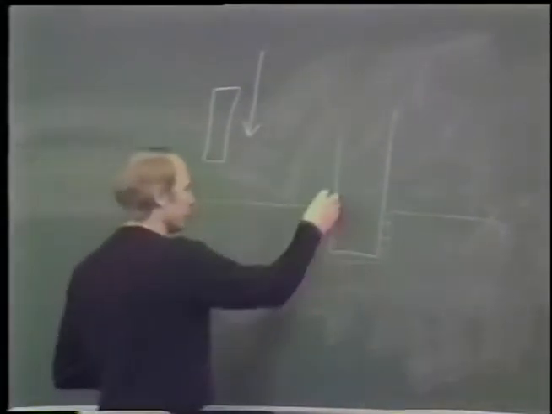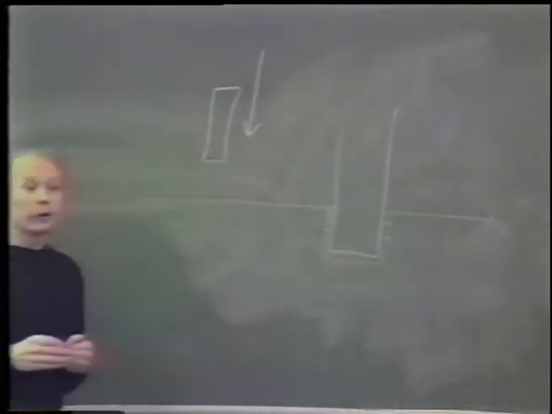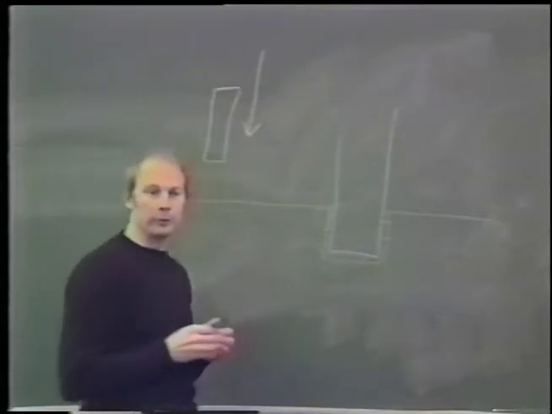And this vapor barrier, this gas that's formed, is a very poor conductor of heat. And if that barrier does form, then the freezing is going to be very poor.